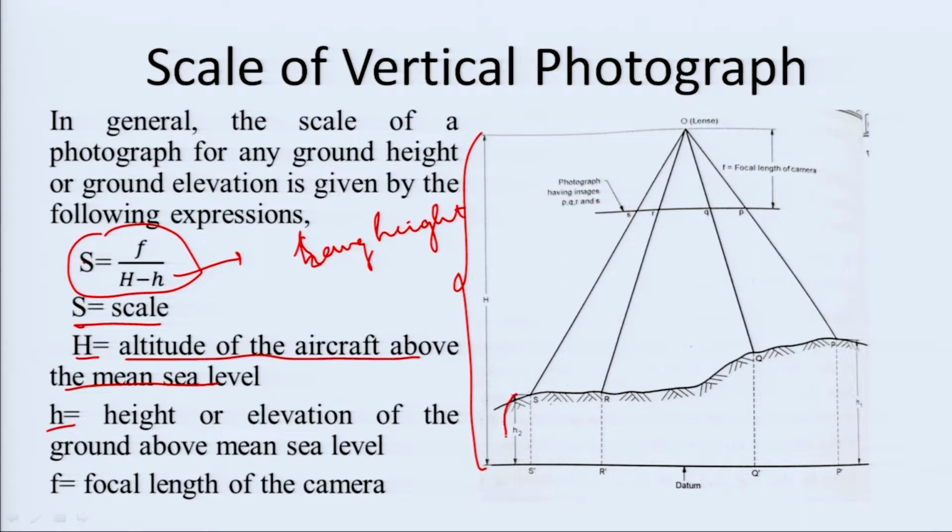For point S, h is equal to h2, and for point P, h is equal to h1. Again, f is basically the focal length of the camera, that is the distance between the optical lens and a point on a photograph.